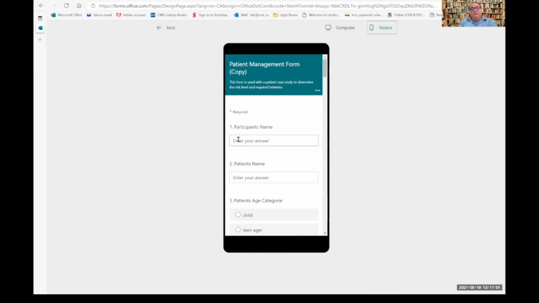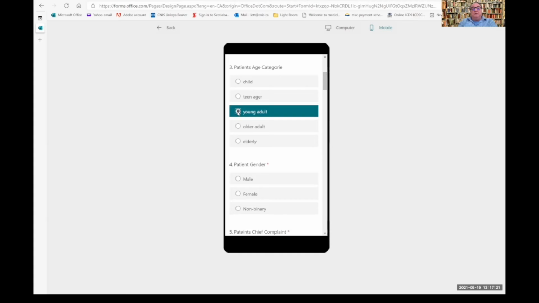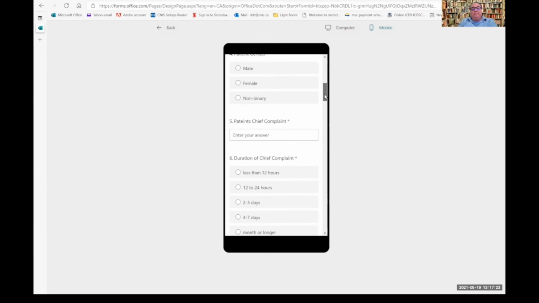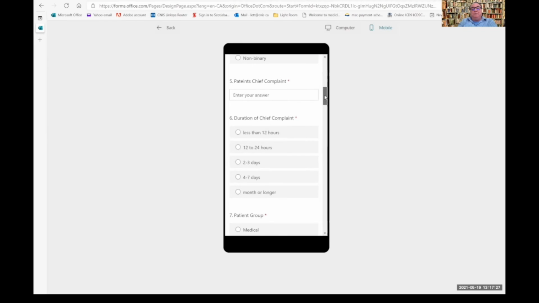So let's just go through this as the same case study. Here you have your name, or I'll put in my name. The patient's name. A young adult, female, chief complaint, laceration.